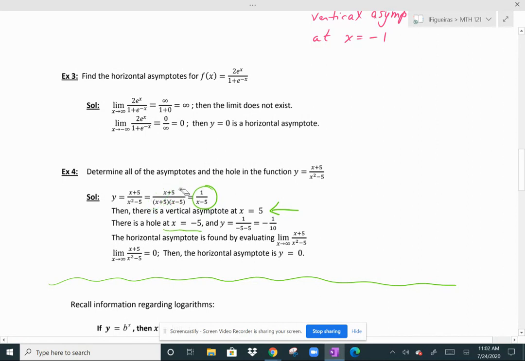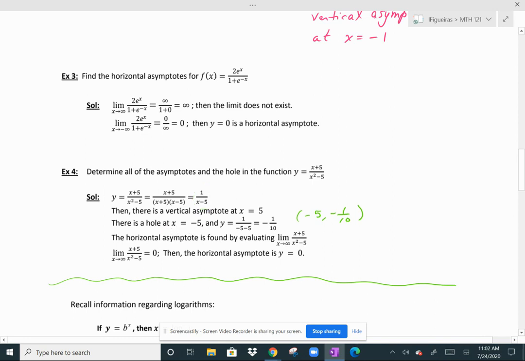If you plug negative 5 into what's left, which is 1 over negative 5 minus 5, that means I have a hole at negative 5 and a y value of negative 1/10. Again, that's helpful when you're graphing to know where to put that open circle.